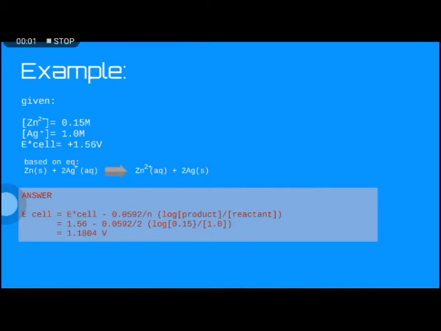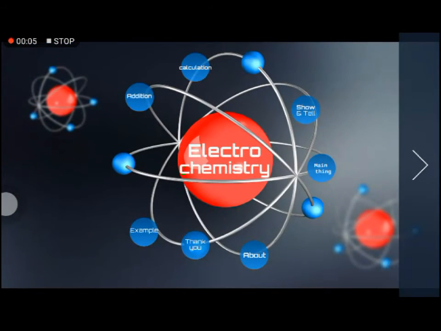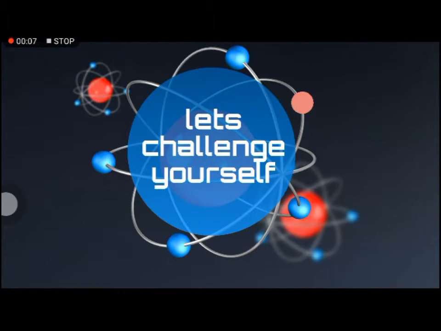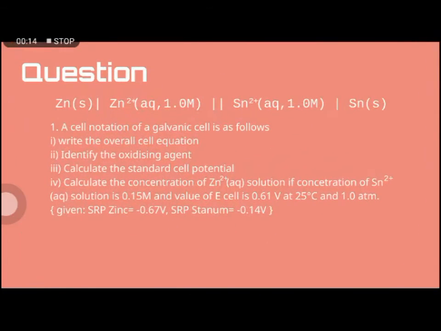Right, done for 10.2. Now we're going to look at the example that I mentioned earlier. Let's challenge yourself by answering this question. This is the question.